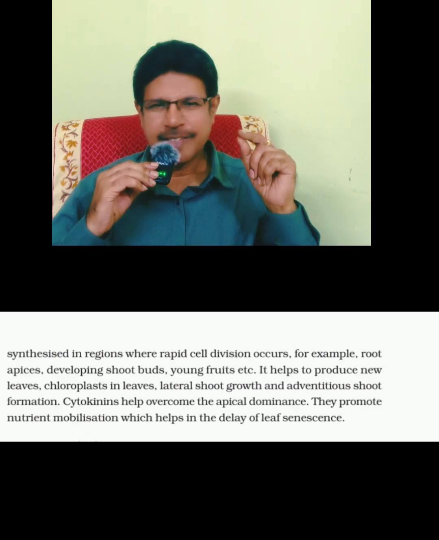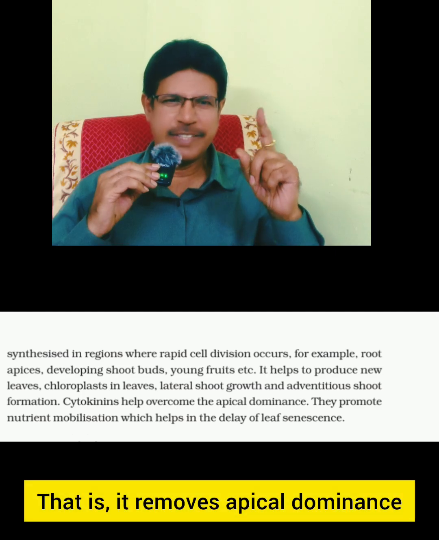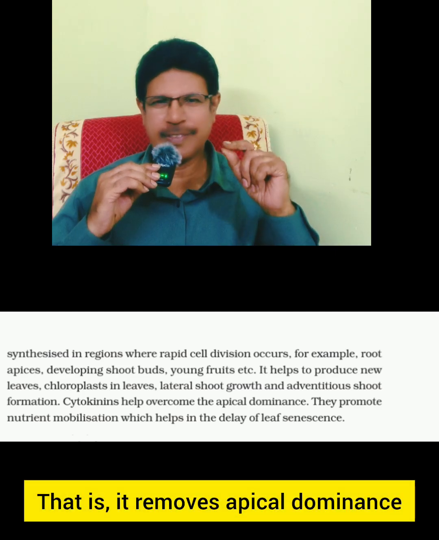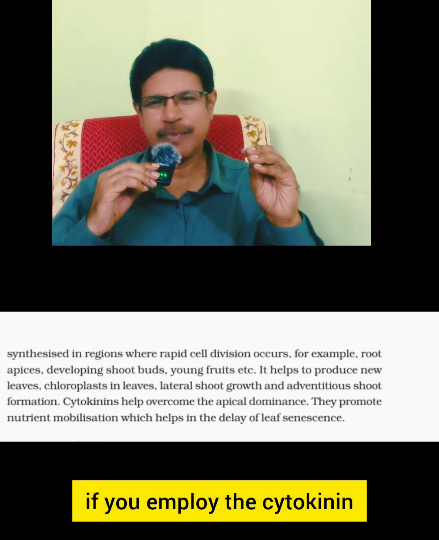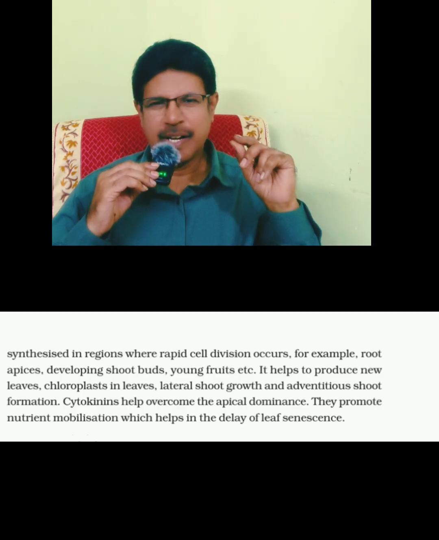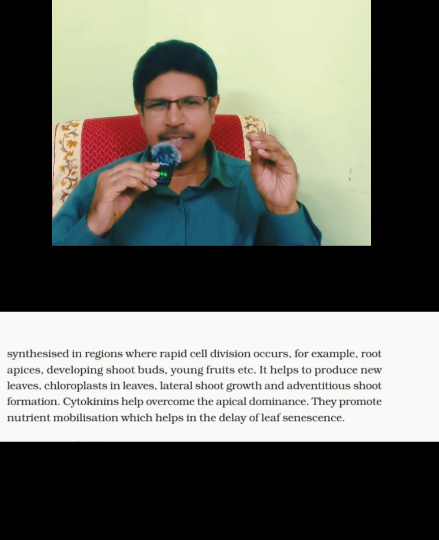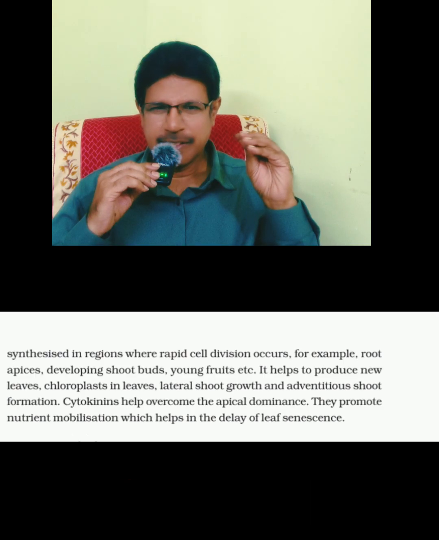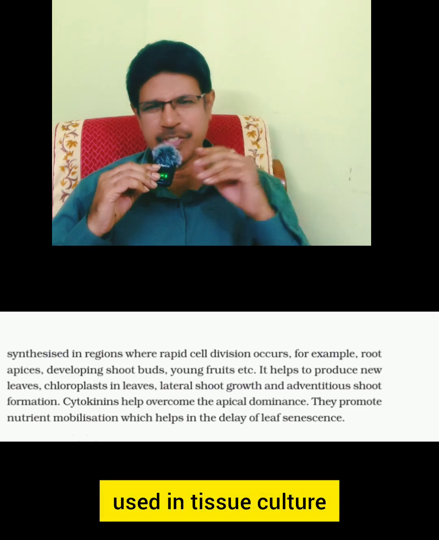Next, cytokinin is an antidote for decapitation. That is, it removes apical dominance. Without cutting off the apical bud, if you employ the cytokinin, apical dominance is going to be removed. And cytokinin, having cell division properties, is used along with auxin in tissue culture.